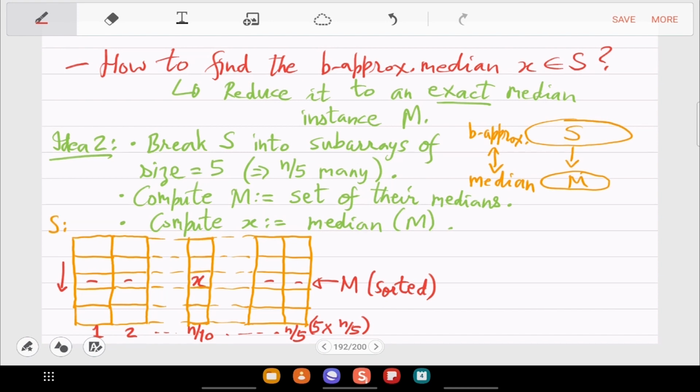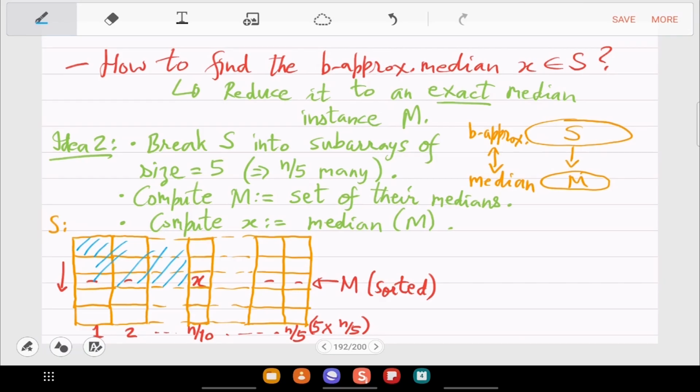So this we are drawing just to see the number of elements in S which are smaller than x. How many are they? You want a lower bound. So clearly, this blue shaded part, do you see that every element here is smaller than x, right?